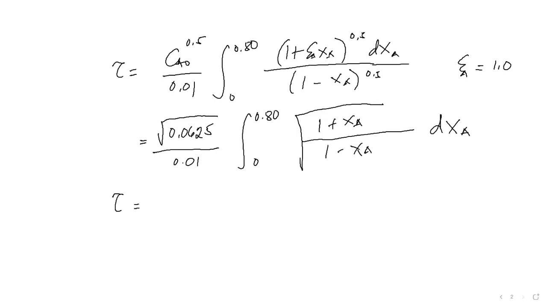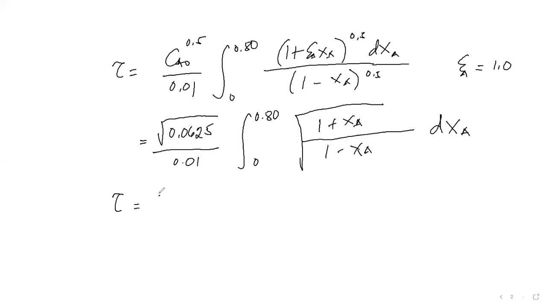So 33.18. Oh, sorry for that. Why did I close it? So this is 33.18. So your tau is, what's our unit here? Let me check.